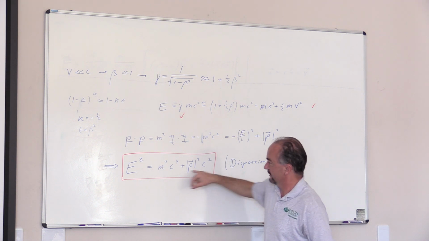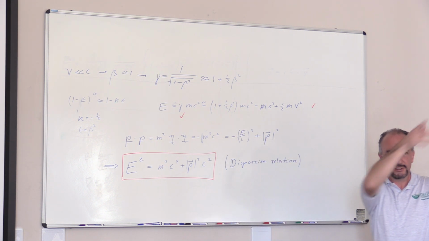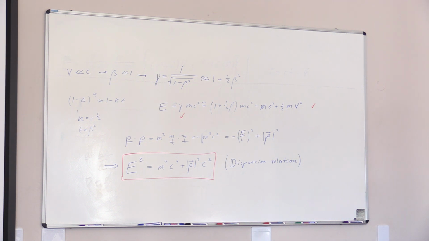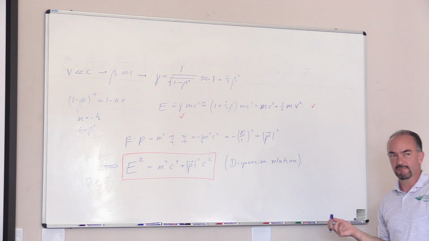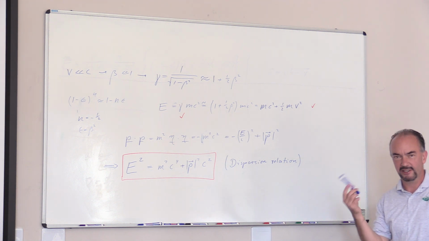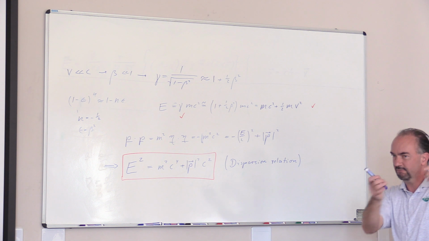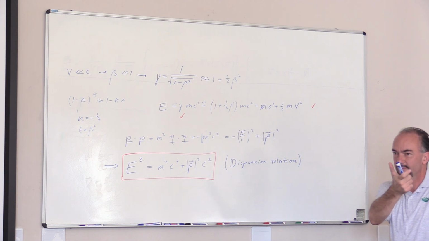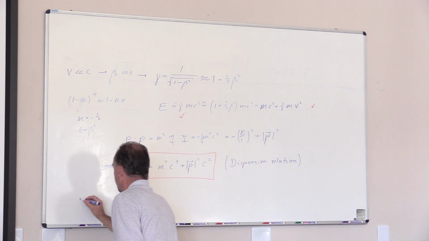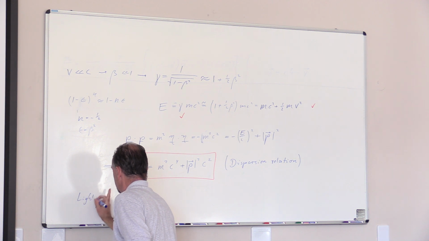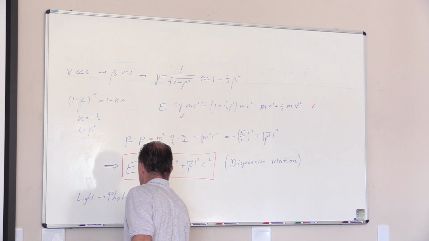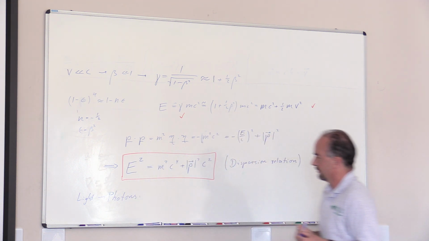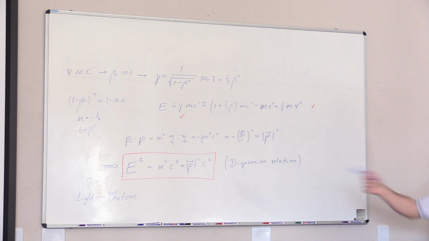For massive particles, you have this kind of funny quadratic behavior here. But when we're talking about light, everybody's heard light you can describe as little particles called photons, right? So for light, the particles called photons, with what speed do they move?